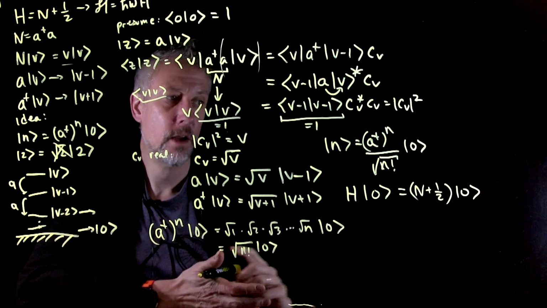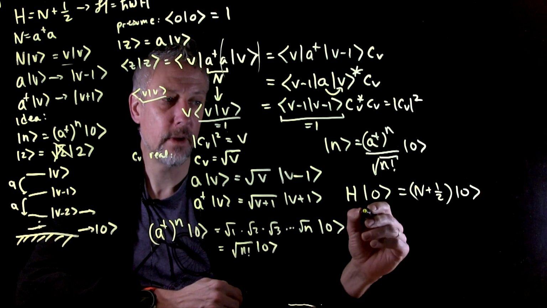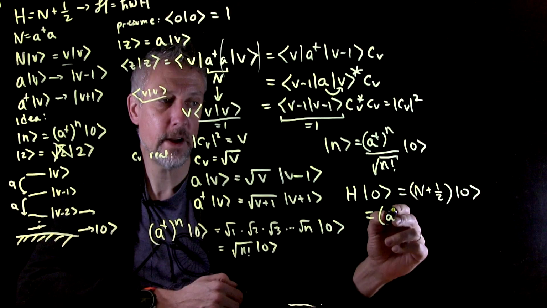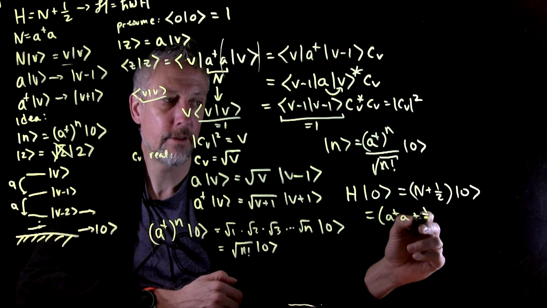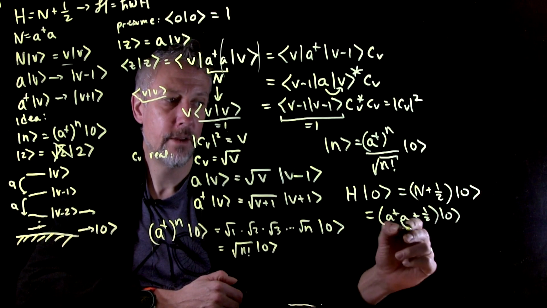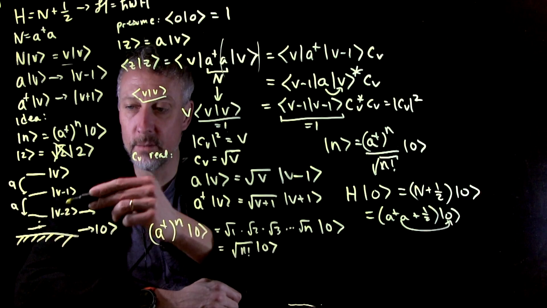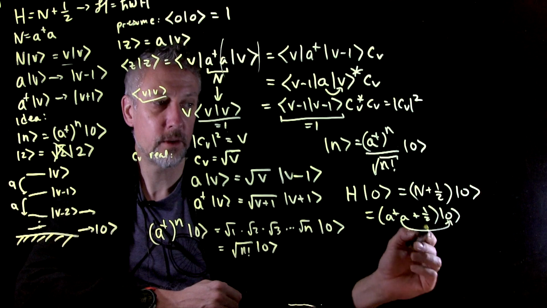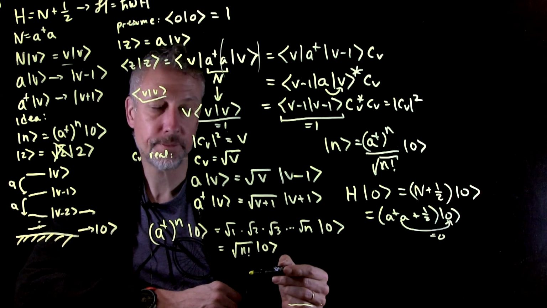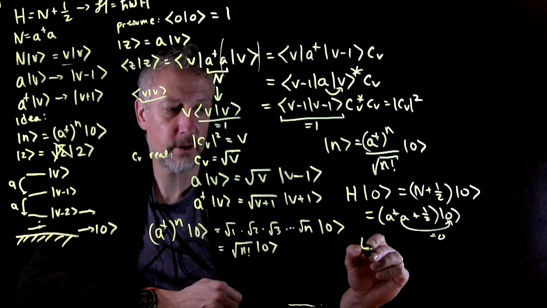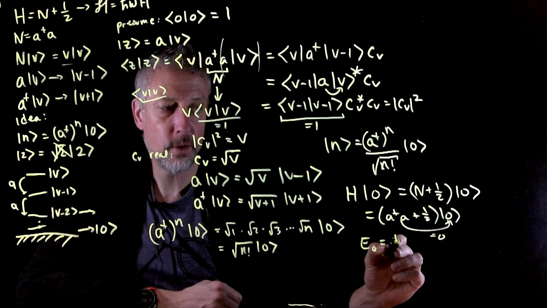Or if you don't like that, you can also write a dagger a plus a half operating on 0. The a operating on 0, we said, is a minimum one. That's equal to 0, and so you're done with that. All right, so the energy of the ground state is equal to 1/2.